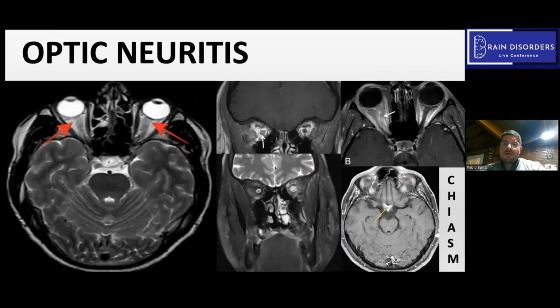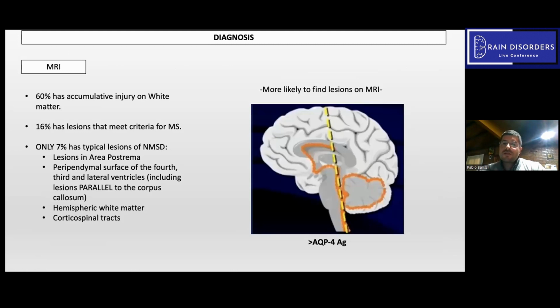Well, here we have the longitudinal axis of the central nervous system. That is where the aquaporin-4 antigens are mostly, so it's here where we could most likely find these lesions.